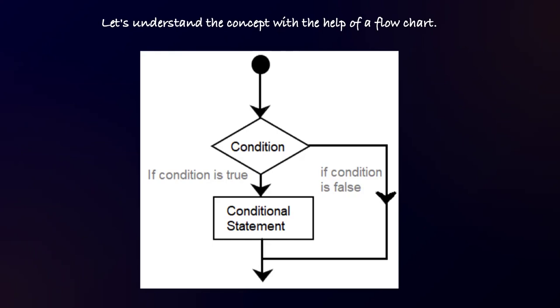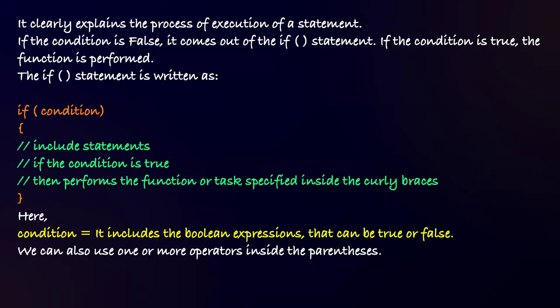This is the condition given with the if statement, and this is the conditional statement. That means if it is true, this will take place. If it is false, it will bypass this. It basically comes out of this if block and doesn't give this value. The operation doesn't take place. Understood?